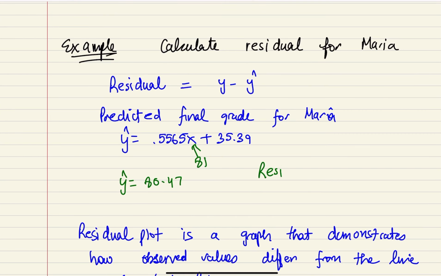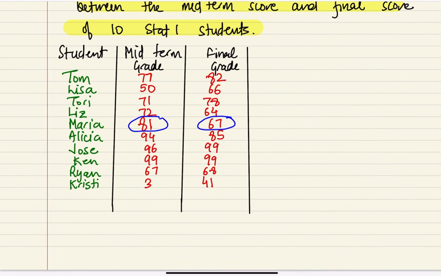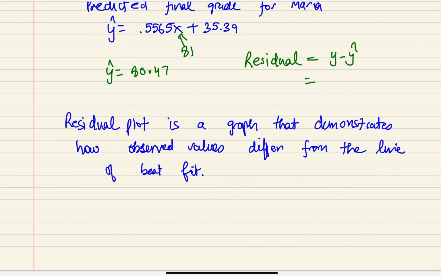So the residual for Maria is y minus y hat, and her actual score on the final was 67. So 67 minus 80.47 is negative 13.47. We can have a negative residual here.